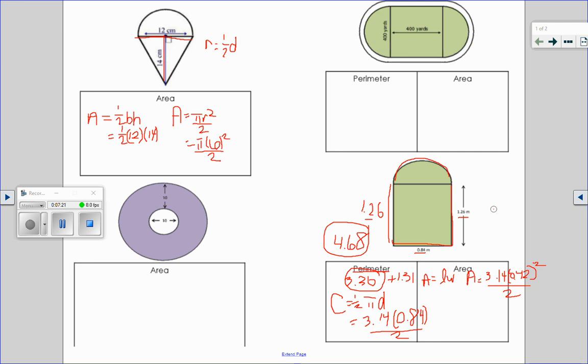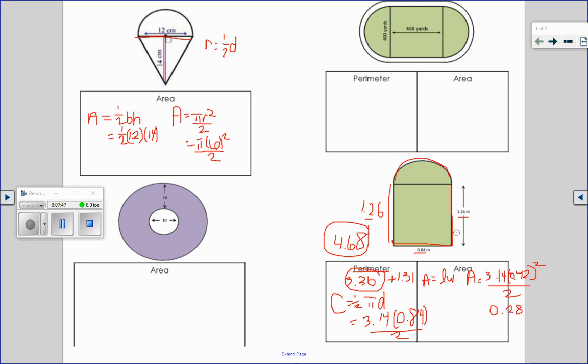Okay, so you're going to do 3.14, and then I'm plugging this into decimals, so 0.42 is in parentheses, outside of it is going to be squared, and that's being divided by 2, so you should get about 0.28.